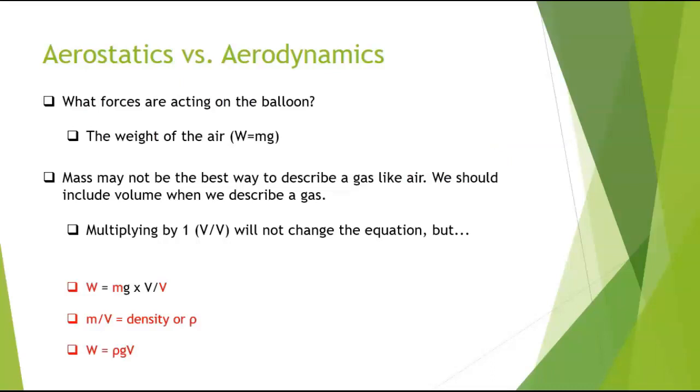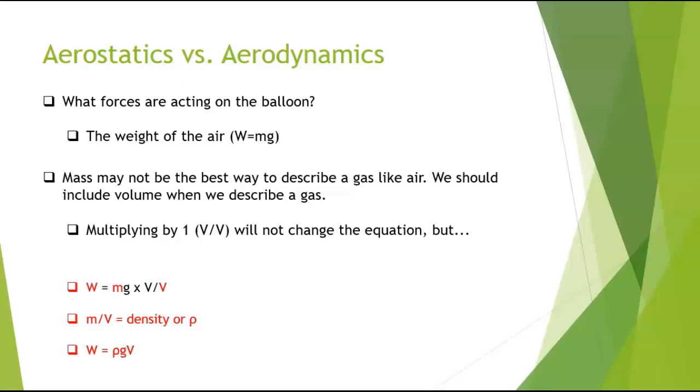And we can signify the weight of the air as weight equals mass times gravity. But when we're talking about a gas like air, we should include volume. So we can multiply that equation by volume over volume, which is basically multiplying it by 1, which will not change the equation.